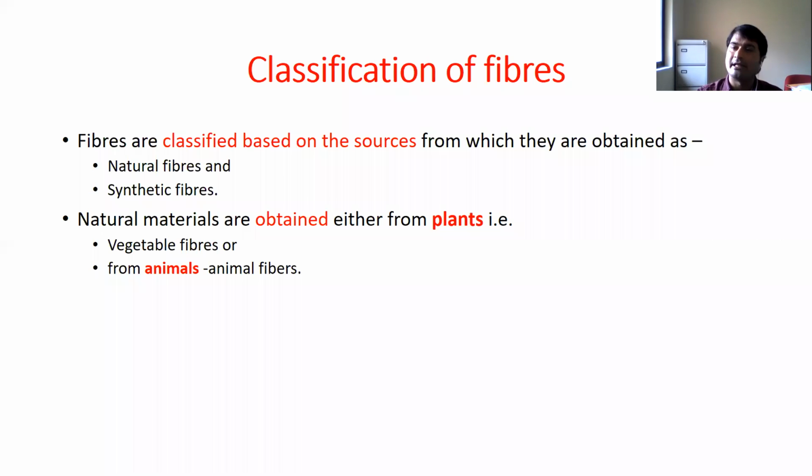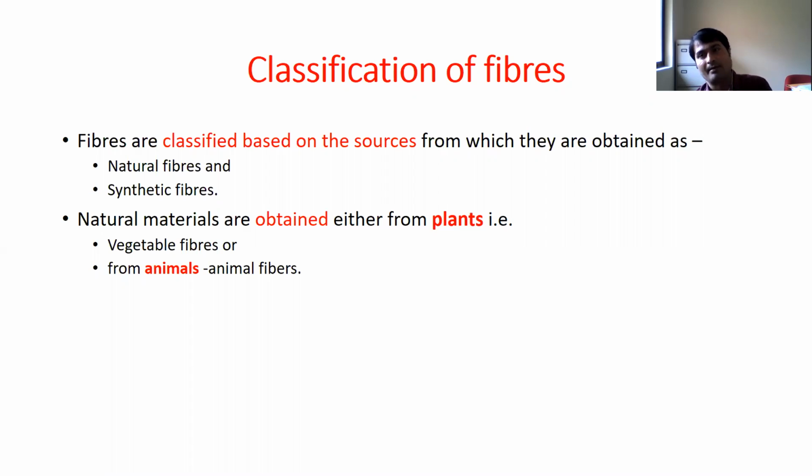If we take fiber from nature, that will be a natural fiber, or if we prepare or manufacture it synthetically, then it is a synthetic fiber. Now, what things come under natural fiber? Natural materials are obtained either from a plant or an animal. Plant source, those that come from plants, are vegetable fibers.